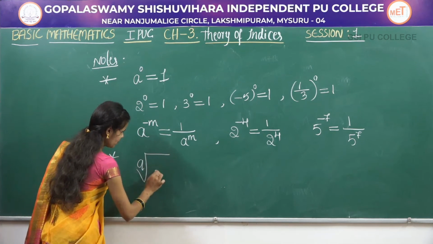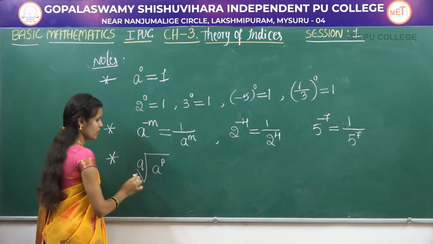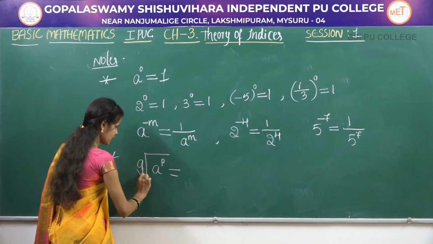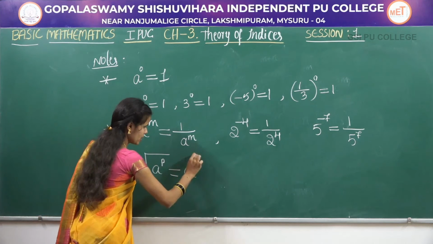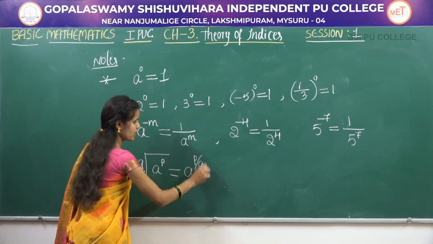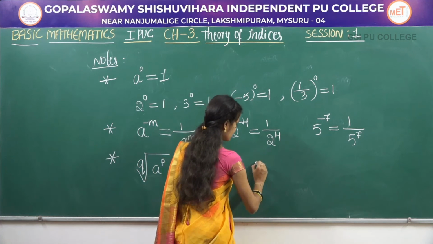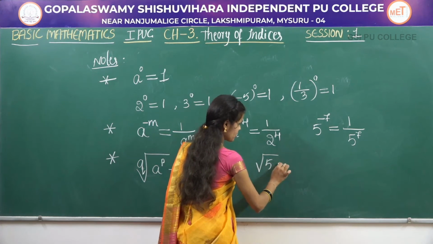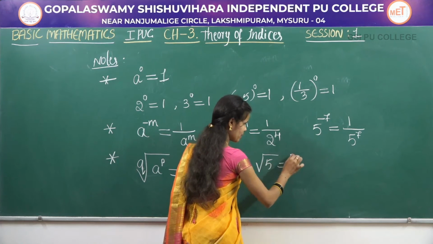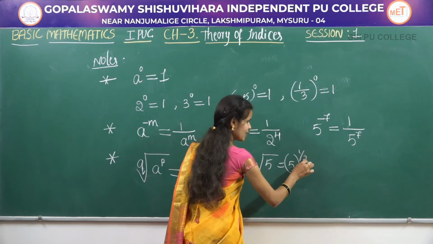Okay, next, third point. The qth root of a to the power of p is equal to a to the power of p by q. For example, here the square root of 5 can be written as 5 to the power of 1 by 2, since the square root can be written as 1 by 2. Okay.